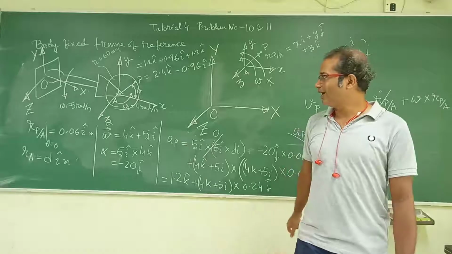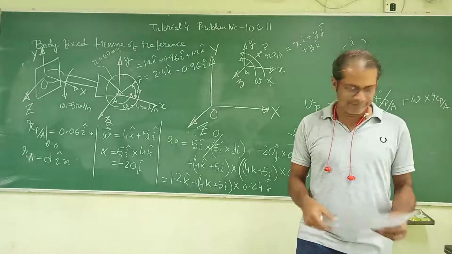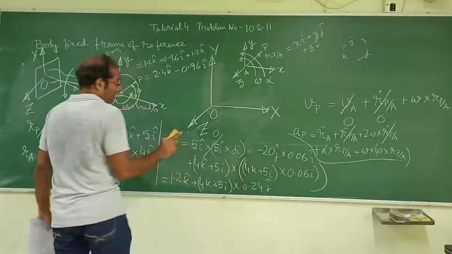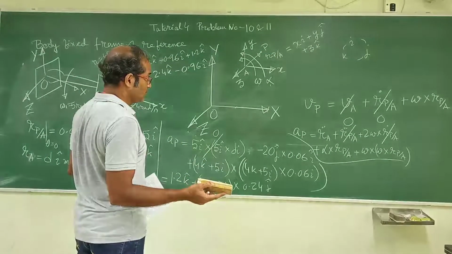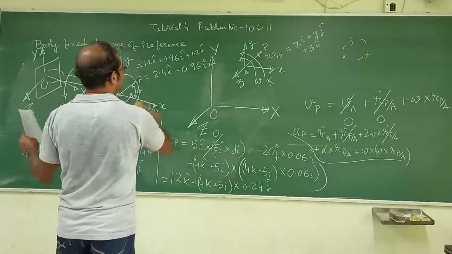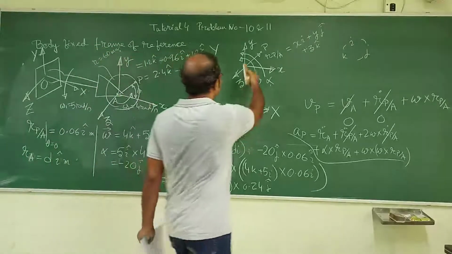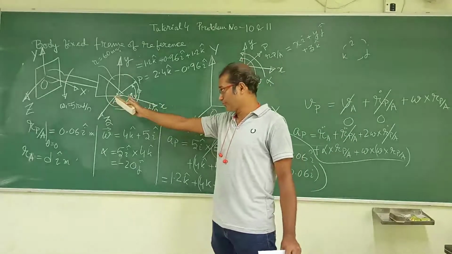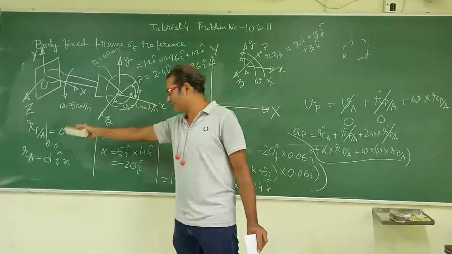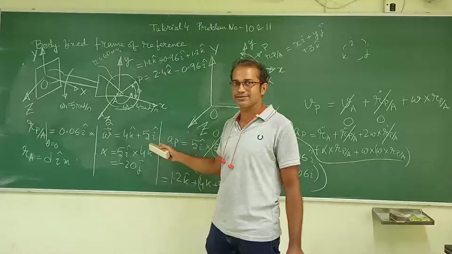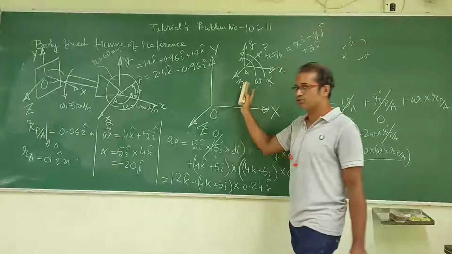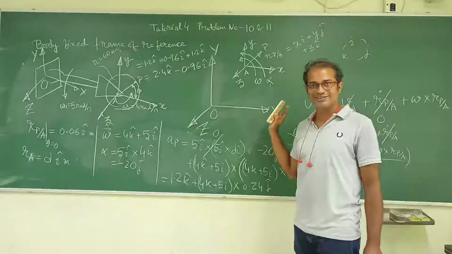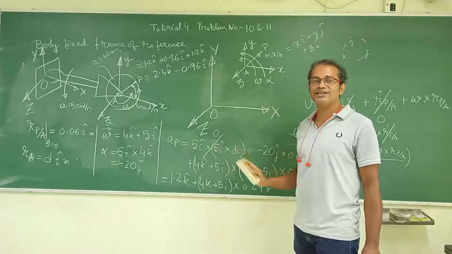Okay, sure. Now we will be coming to problem number 11. Note it carefully, that we have used only this figure, whatever is there before erasing. We have just taken those data and fit it to this figure. So this figure is not going to change.